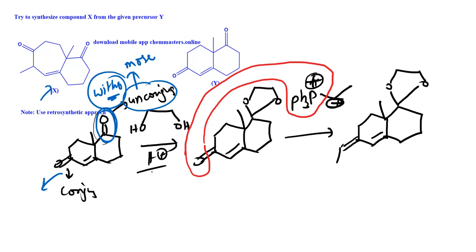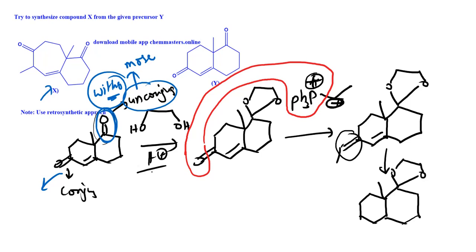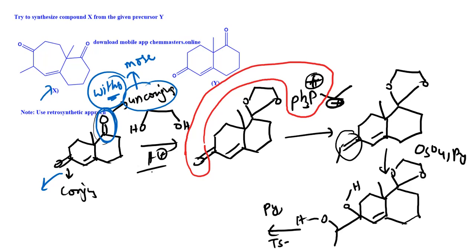Now we need to convert this alkene into a diol. That is the functional group inversion which we have seen in the retrosynthetic approach. When you apply osmium tetroxide and pyridine, here is the formation of the diol. In the next step, we apply a base, pyridine, followed by tosyl chloride.